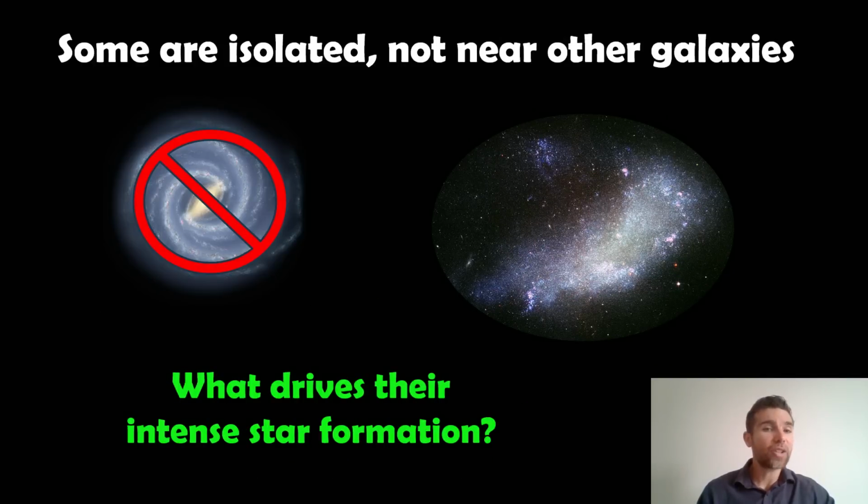However, quite a few of these blue compact dwarf galaxies have actually been found to be highly isolated. That means they're nowhere near other galaxies, yet they still have significant star formation occurring. They haven't undergone any tidal interaction that is clear and can be observed easily. So what actually is driving their star formation?